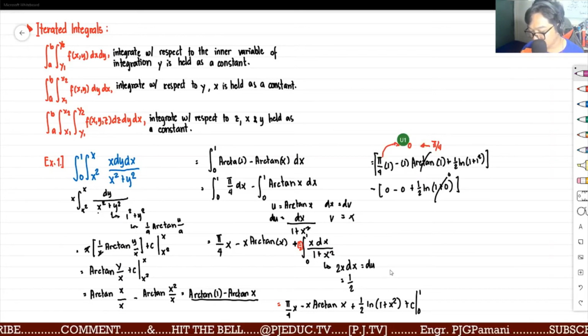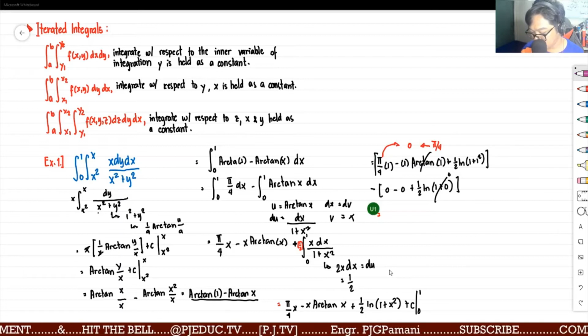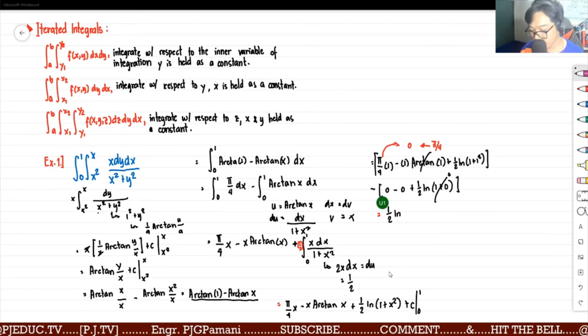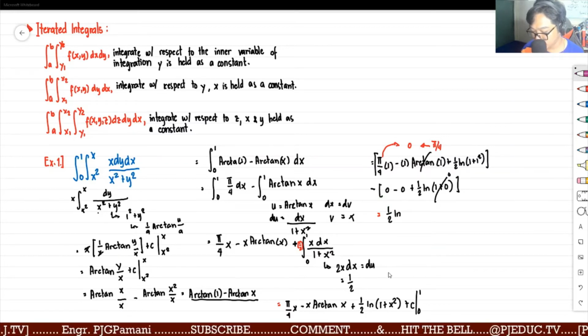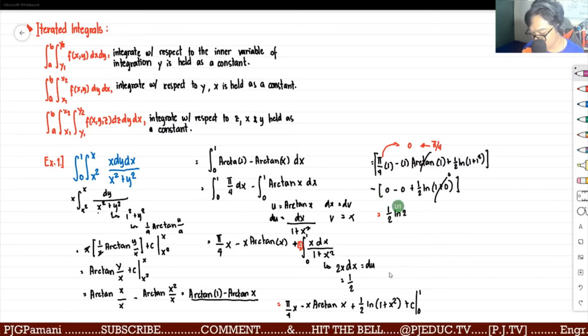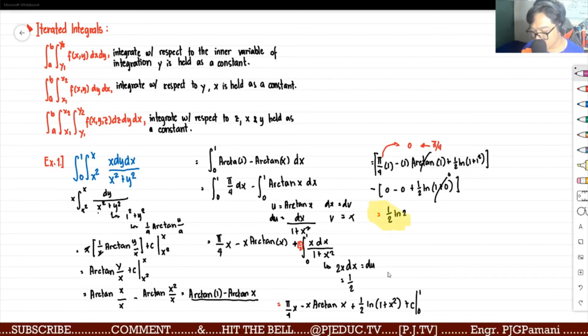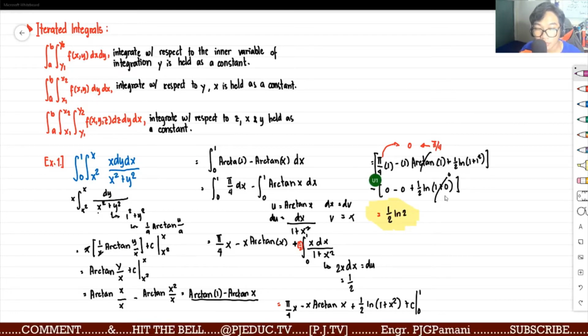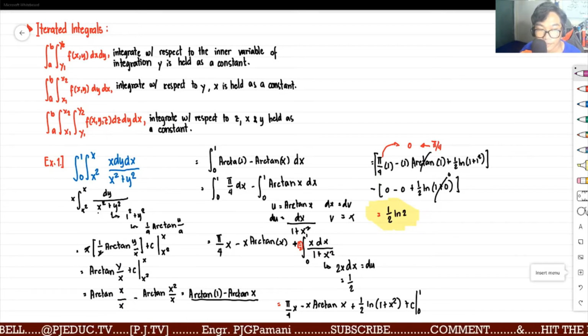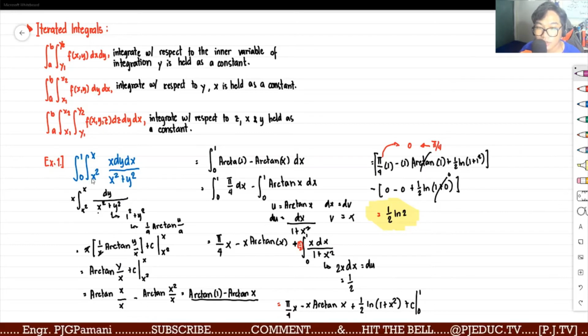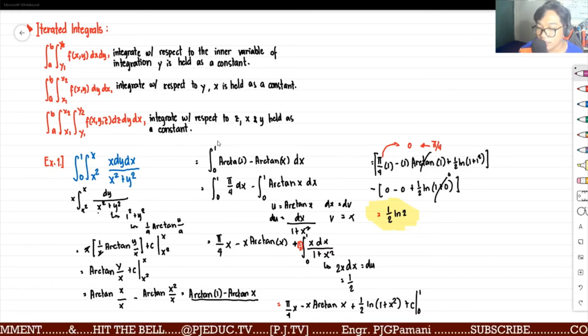So, ang matitira is simply 1/2 ln 1 plus 1 squared is 2. So, this will serve as our final answer. From differential with respect to variable y, then differential with respect to variable x. So with this, the double integration form of this integrand is 1/2 ln x, given with the following limits.